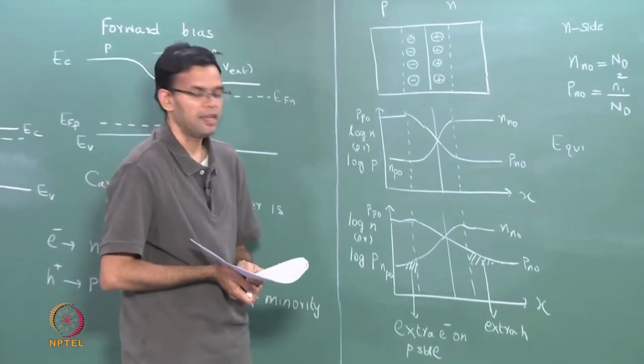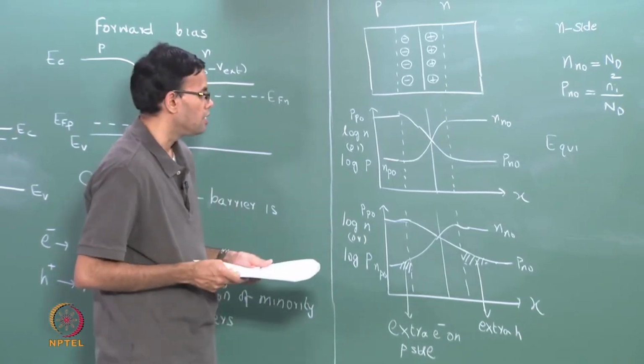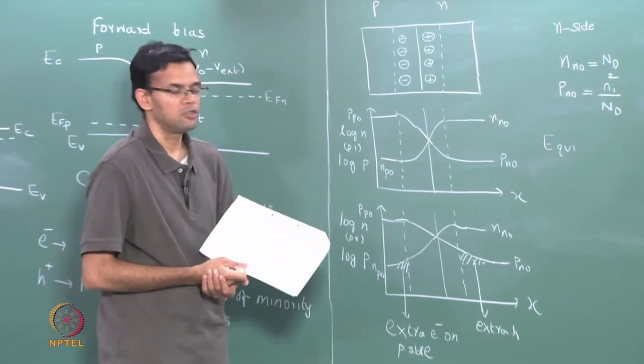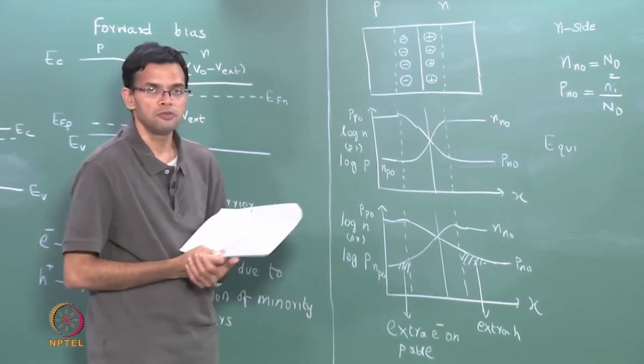So these extra electrons and holes are what are responsible for the current. We have these extra electrons and holes because you have reduced the barrier for the electrons and holes to move across.